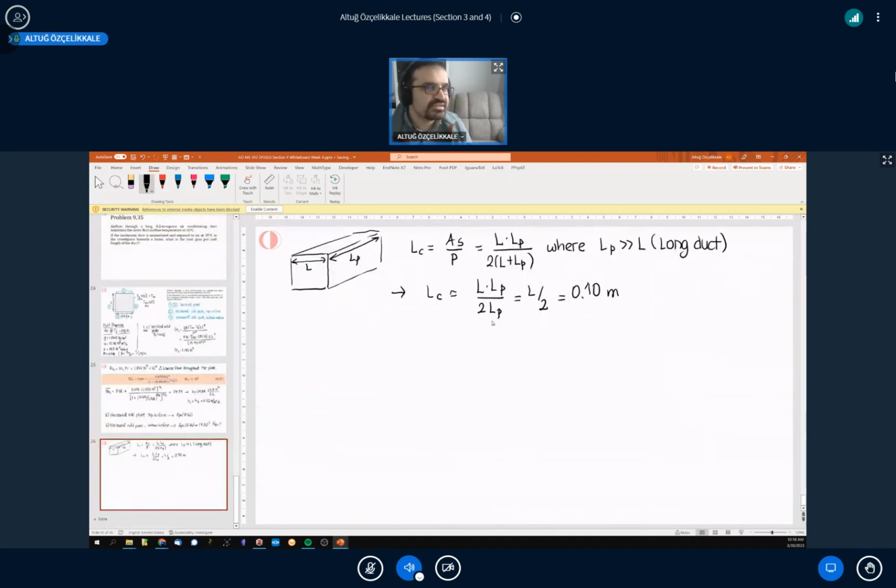If you have an arbitrary shape, you need to calculate it using this. Maybe you can have a disk, and that disk is going to have a different characteristic length compared to this one. Okay, anyway, so let's continue. Under those cases, we are going to calculate the Rayleigh number again.